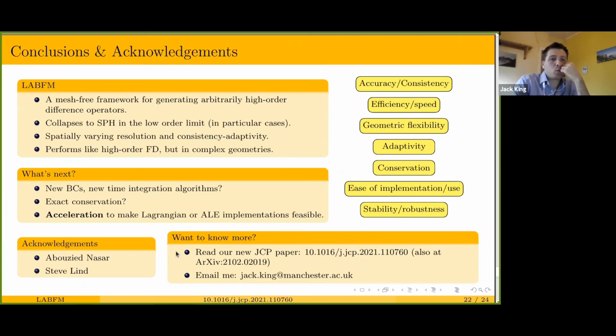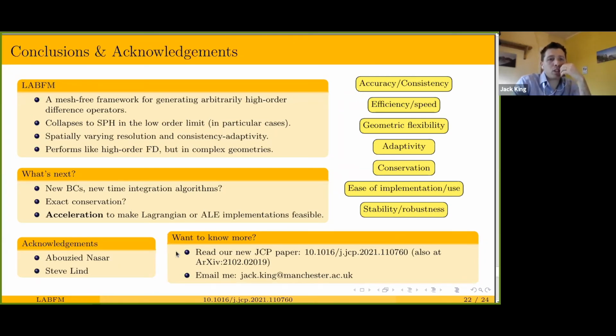But we're not at the stage where we've got things like handling free surfaces stable with LABFM. So at present, if it was implemented in any kind of engineering code for any sloshing problem, we'd have to have holistic approaches to trying to choose where we use SPH, where we use LABFM.